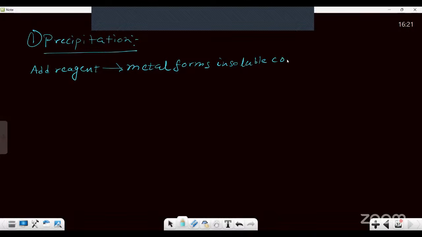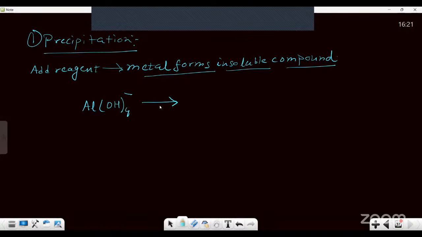It is a hydrometallurgical route, so it is in the aqueous solution, and if the metal forms an insoluble compound, definitely the metal is going to precipitate out. Say for example, you have Al(OH)4-.